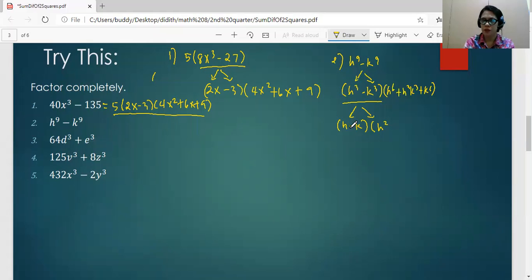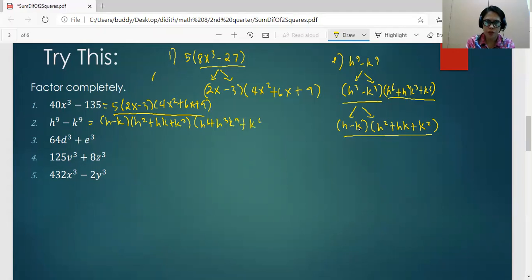And then the product of h and k times negative 1, so we have plus hk. Last term is the square of negative k. So these are the factors together with this one. The final factors here are h minus k, h squared plus hk plus k squared, and h to the 6 plus h cubed k cubed plus k to the 6.